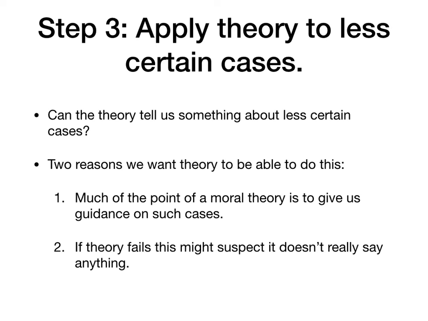If the theory can't do that, in a lot of ways it's like a hammer that can't hammer a nail, right? But even more deeply, perhaps, and a bit more theoretical, but also a real issue, if the theory doesn't tell us anything about cases where we're not sure, you might think that the theory doesn't really say anything at all.